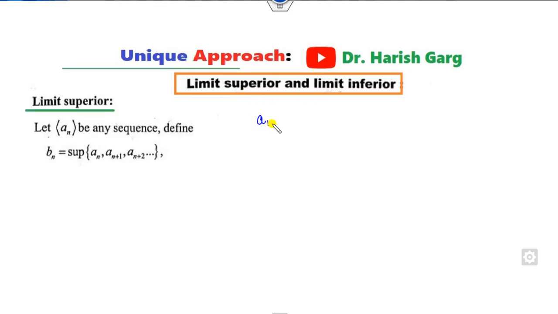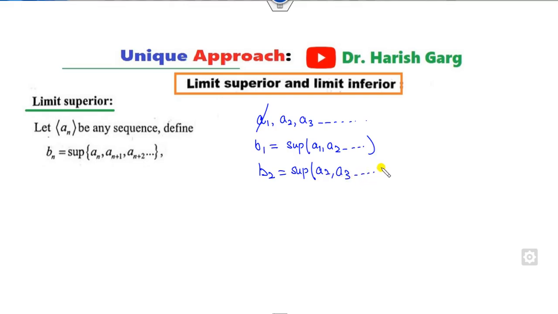If you have a sequence A1, A2, A3, like these are the terms of the sequence, then you can define B1 as the supremum of A1, A2 and so on. Then you can define B2, which is the supremum after skipping the first term, that is A2, A3 and so on. Again, how can you define B3?